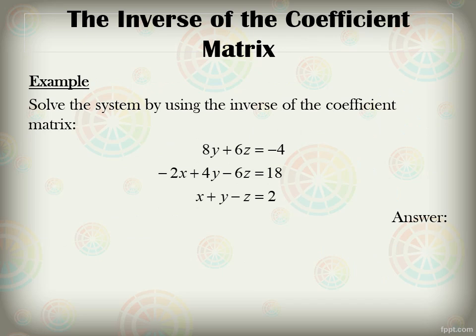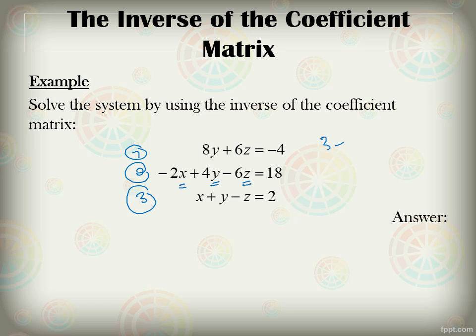Let's go straight to the example. If you have a system of linear equations like this, you have 1, 2, 3 linear equations and you have 3 unknowns, which are X, Y, Z here.